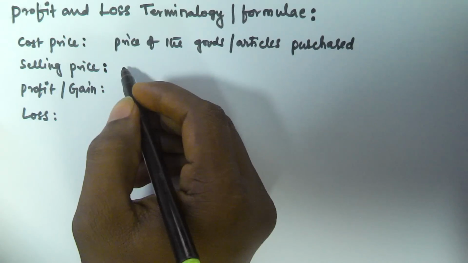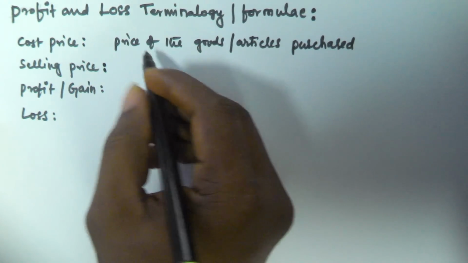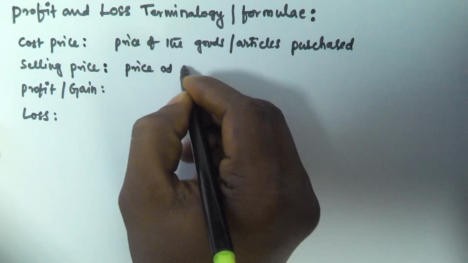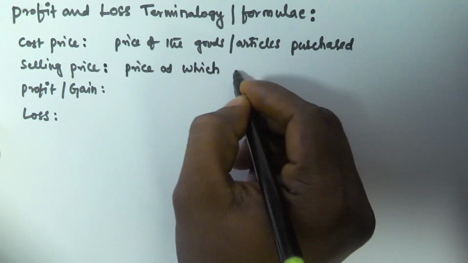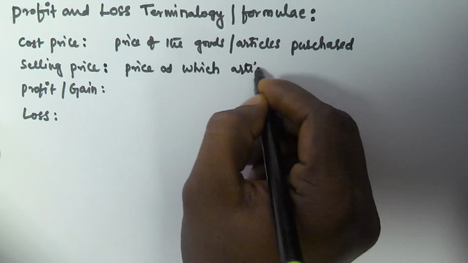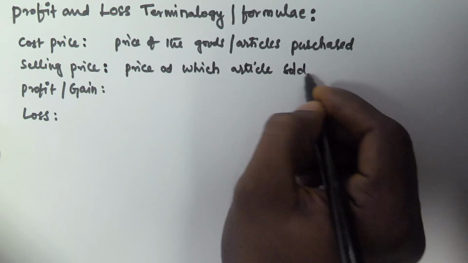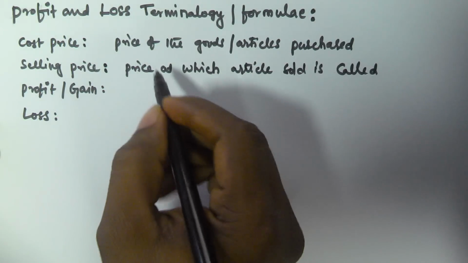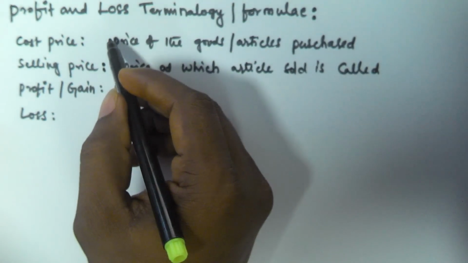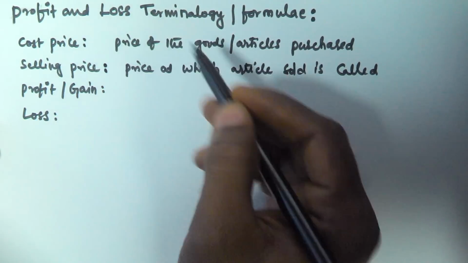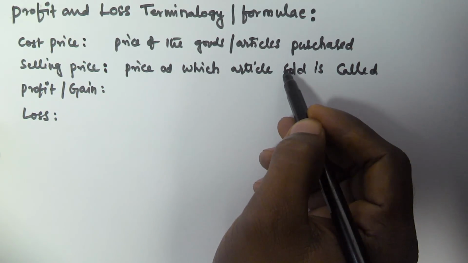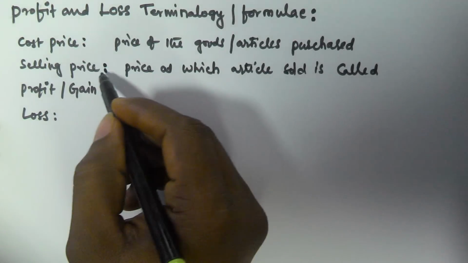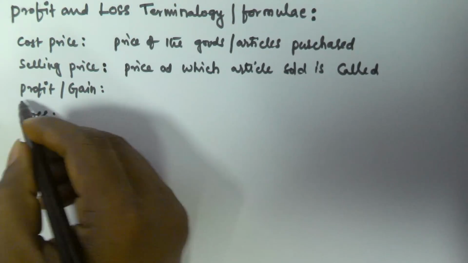So the price at which the article is sold is called the selling price. When we are buying, whatever we pay is the cost price. Whenever we are selling a good, whatever amount we receive is called the selling price.